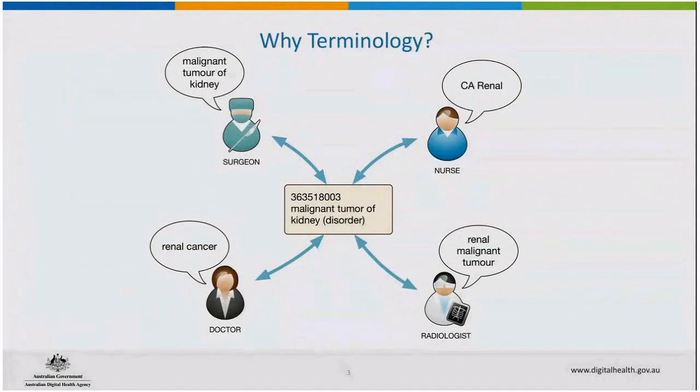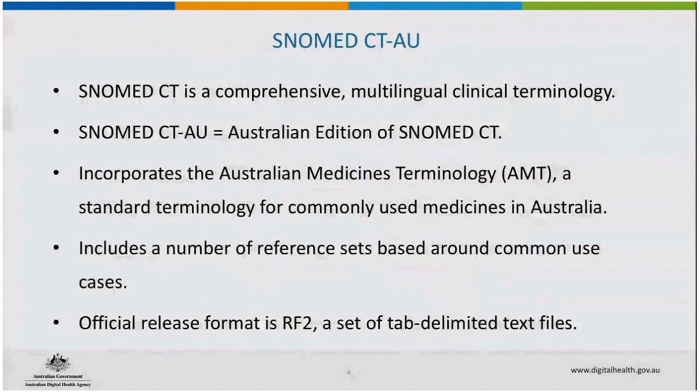One such terminology is SNOMED CT. This has been the terminology standard used by the agency to author clinical concepts and released as the SNOMED CT AU edition, or SCTAU for short. So what is SCTAU? SCTAU is a SNOMED CT extension. SNOMED CT itself is a comprehensive clinical terminology that is quite mature.